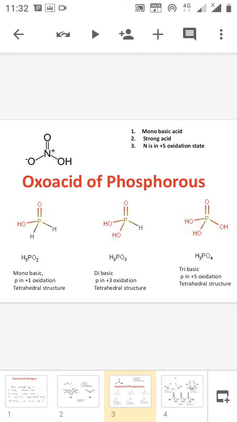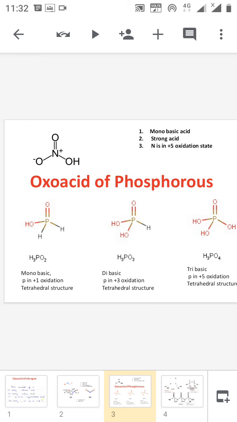So the first structure is H3PO2, the second one is H3PO3, so only the number of oxygen atoms varies. The third one is H3PO4.